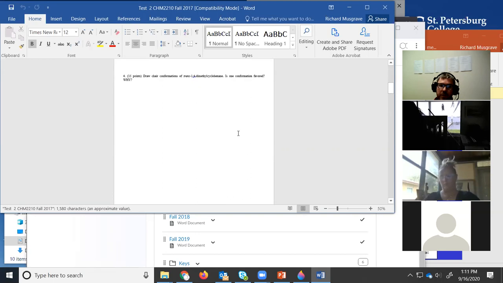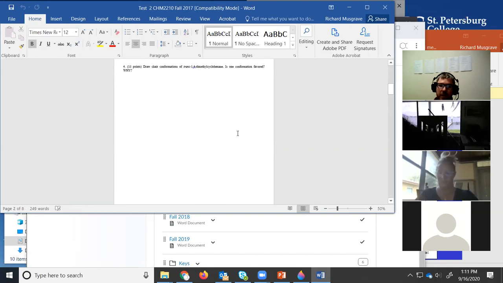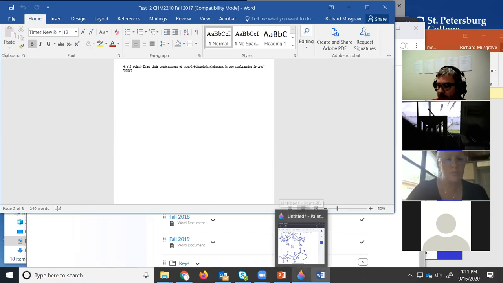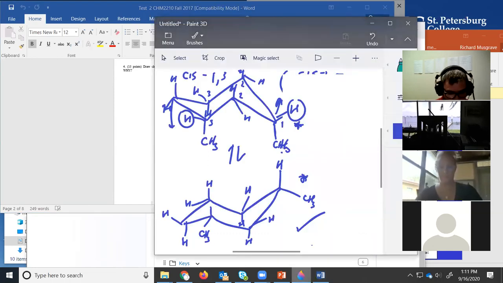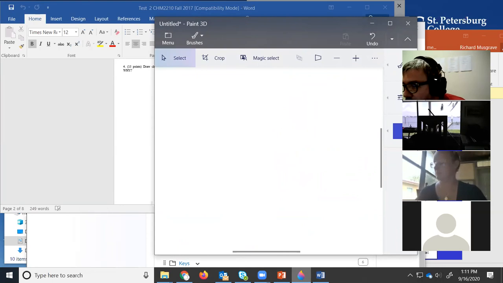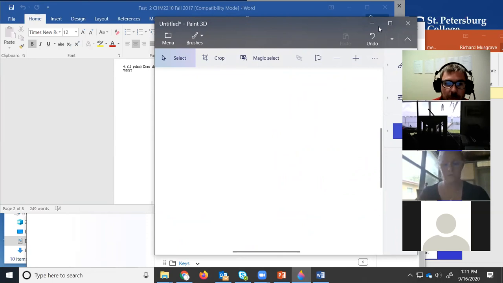But we're looking at question 4 here. Draw chair conformations of trans 1,4-dimethylcyclohexane. Is one conformation favored? All right, so let's take a look at that. So we're looking at, I think I said trans 1,4, right? Sorry. Yeah, trans 1,4.